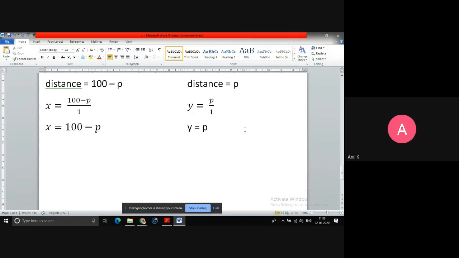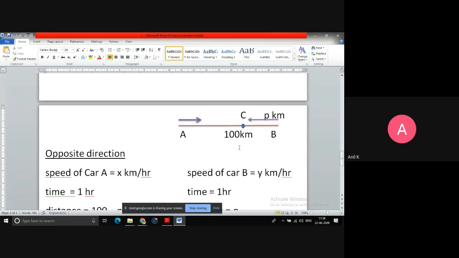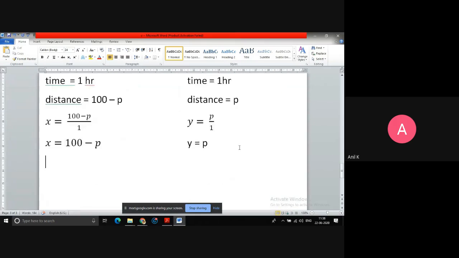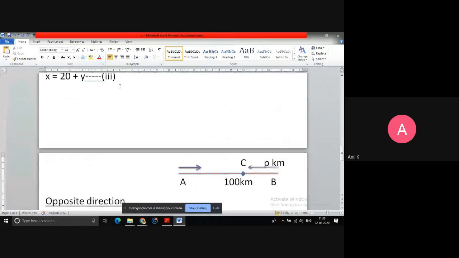If you want to give equation numbers 4 and 5, because already till 3 we completed, this is 4 and 5 will come. So finally I will get x equals 100 minus, in place of P here, I'll replace y. So you have x equals 100 minus y, equation number 4.